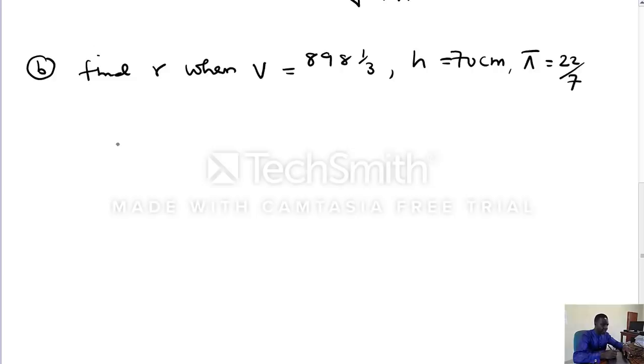We have the formula that r is equal to the square root of 3V over pi h.